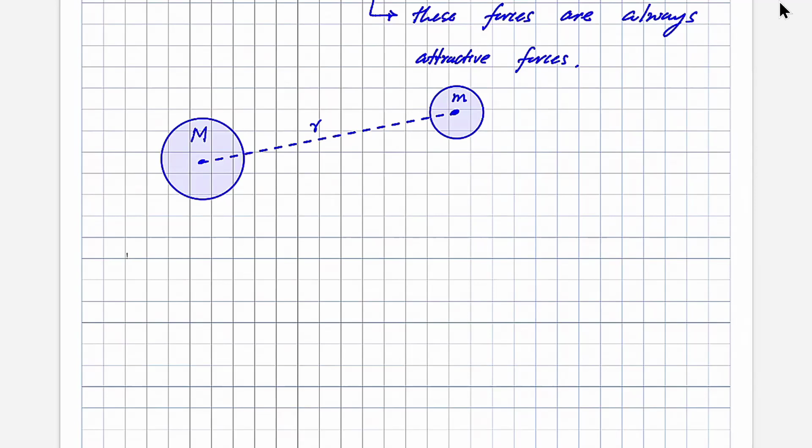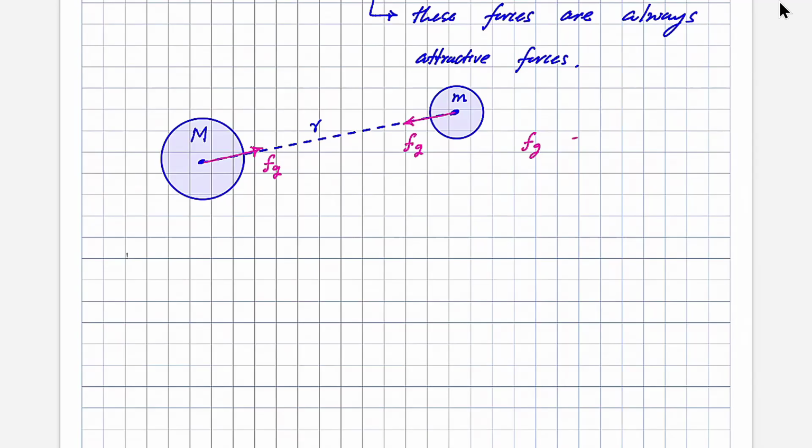Right? So these forces are attractive forces. So there is a force, gravitational force, I would say Fg. And there is another force coming here, and that is called Fg. Right? So they are attracting forces. You can see the arrows. Arrows are towards each other. So this Fg, we define in this way.